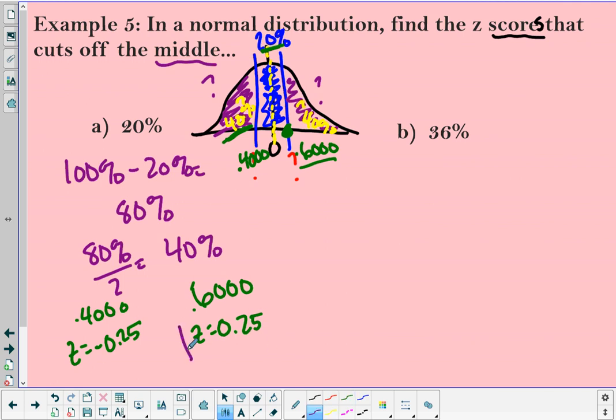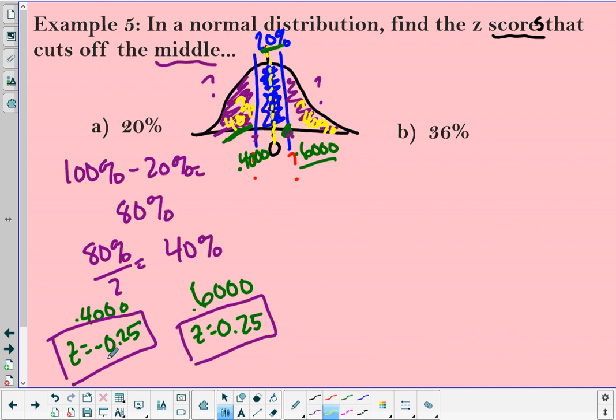Now, when you think in your brain, use your logic. Those are the two z-scores that are cutting off the middle. Remind yourself, this is symmetrical. So I'm cutting off the middle, which means I'm equal distance from 0 in either direction. Since I'm equal distance from 0 in either direction, they better be the same z-score, just one negative, one positive.